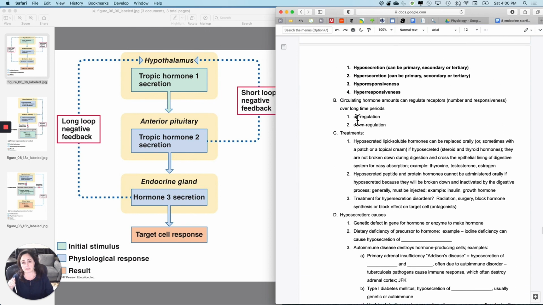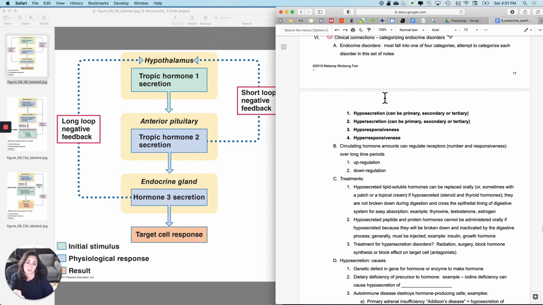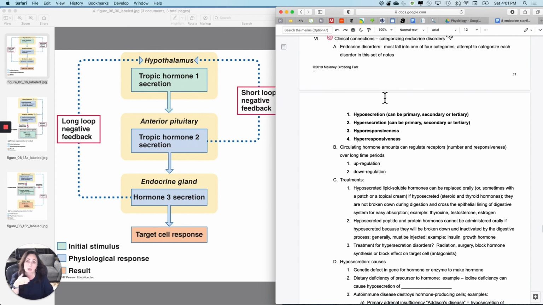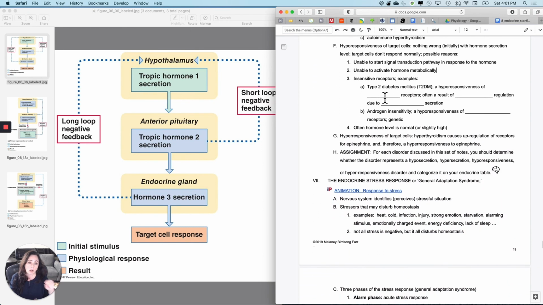So for instance, if I said that someone came in with all of the symptoms of Graves' disease and we measured their T3, T4, TSH and TRH levels, and I told you which ones were high and low, then you could figure it out. But unless I give you those levels, you cannot be held responsible for primary, secondary, or tertiary hypo or hypersecretion. Okay, so get all of your endocrine disorders that were in the notes, no more, categorized. Cool?